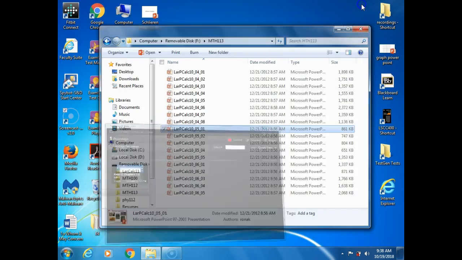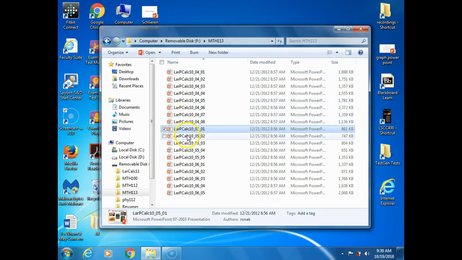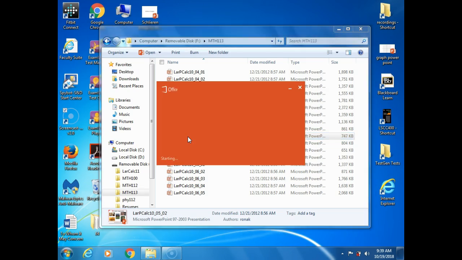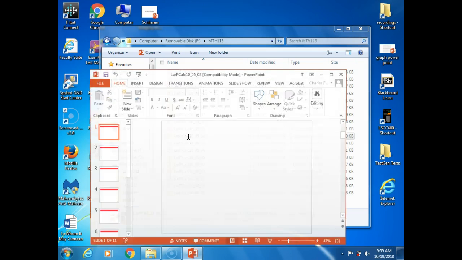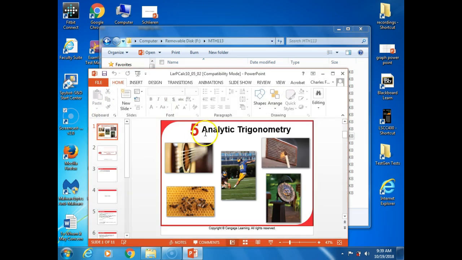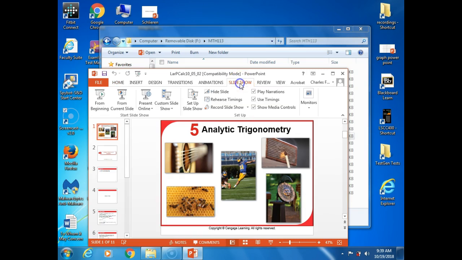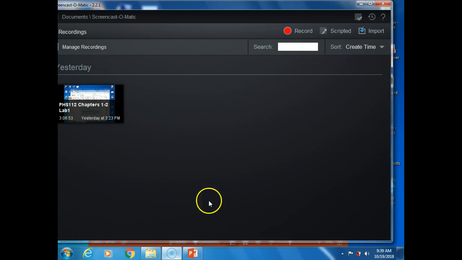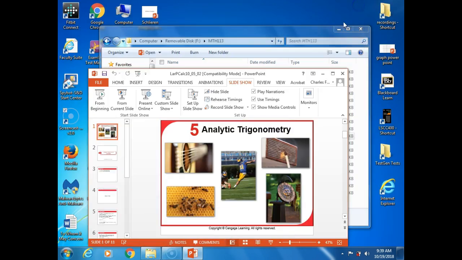So I'm going to have to minimize this. Ah, there it is. I knew it had to be there somewhere. All right. Let's go from Screencast-O-Matic. Well, it's still running, so I didn't need to do that. Let's just do this from current slide.